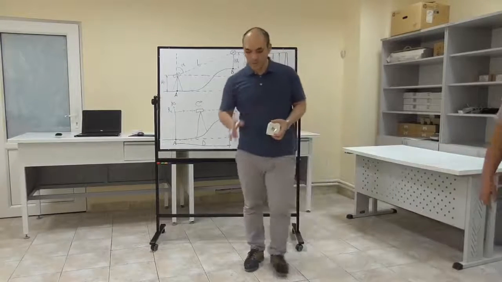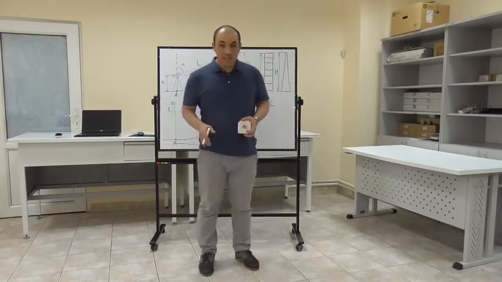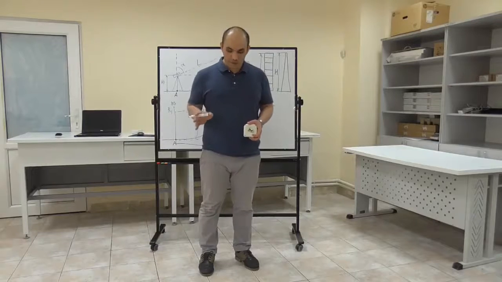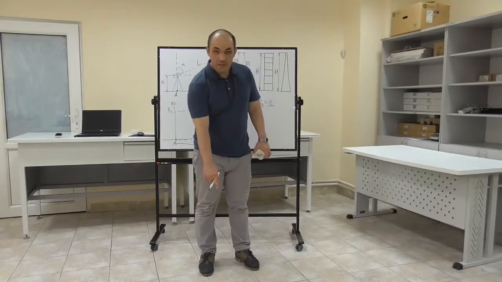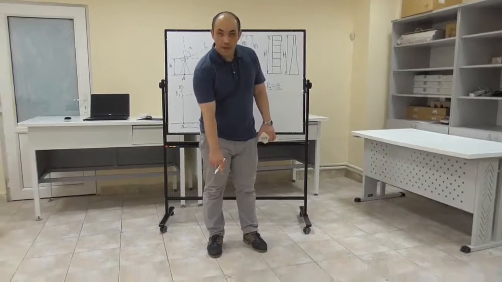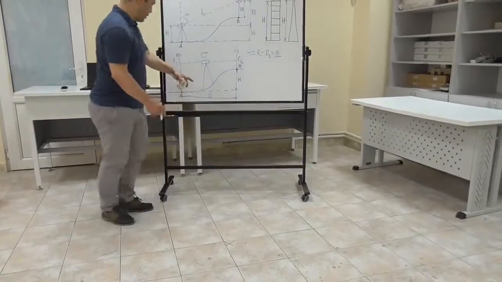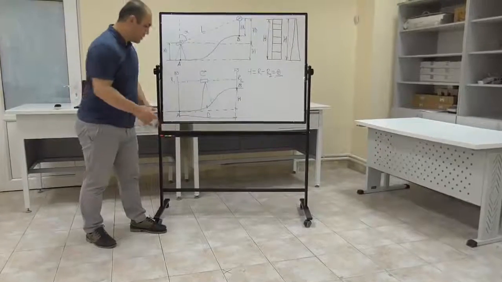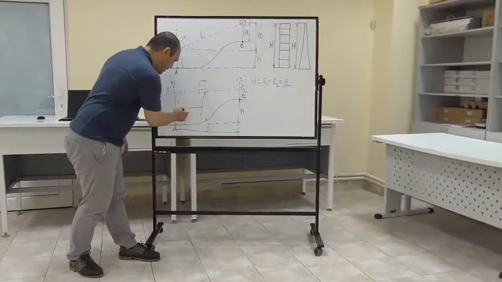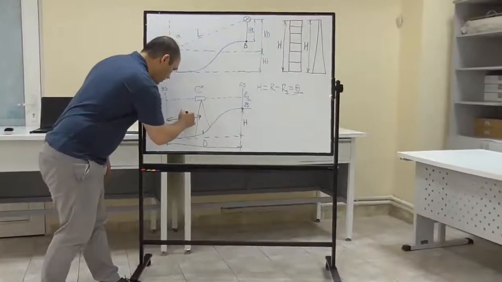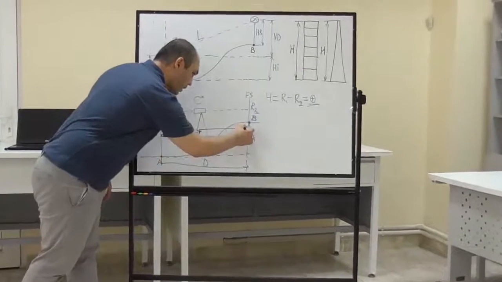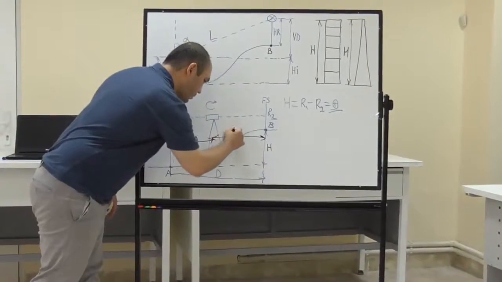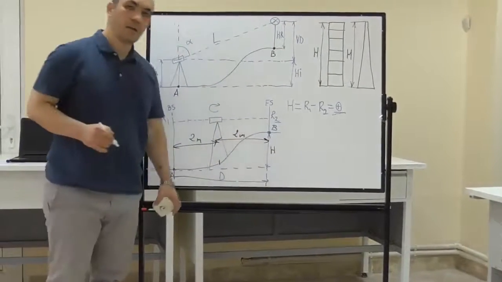And now I have to set up my leveling instrument over this mark. In our case, half distance is 2 meters, and this is 2 meters.